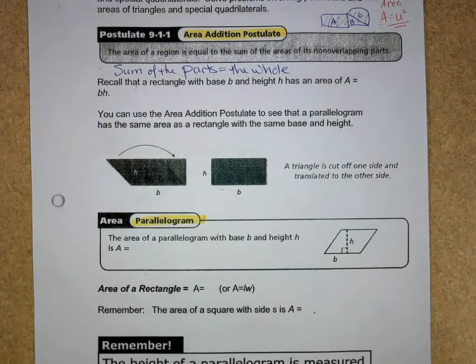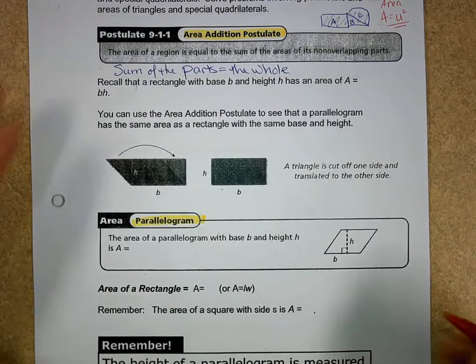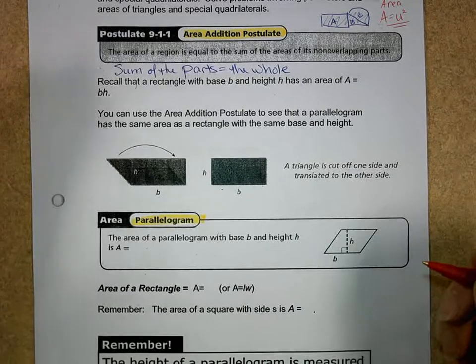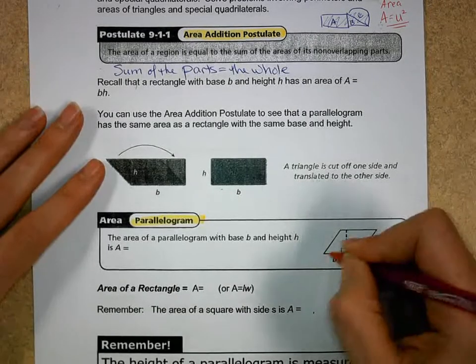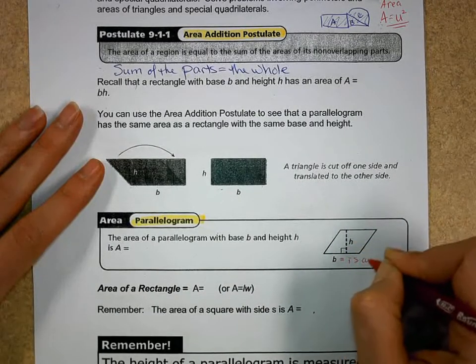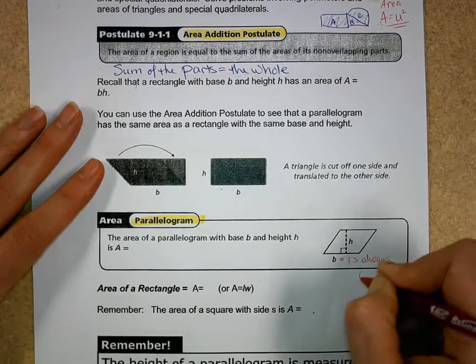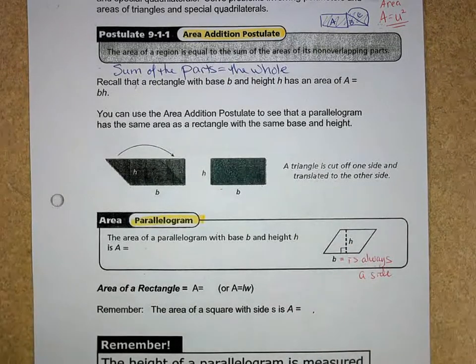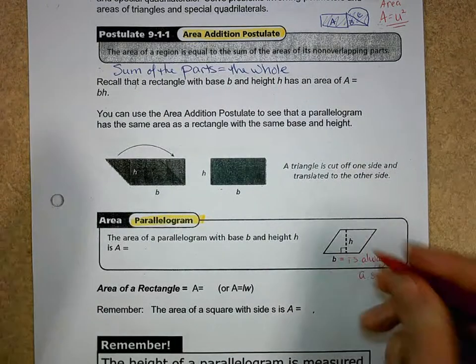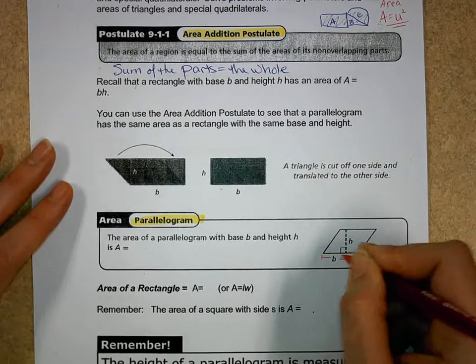So when we talk about the area of a parallelogram, we use the fact that it's the base times the height. Now here's the key thing. The base is always a side. It doesn't matter which side. So here's our base from here to there.